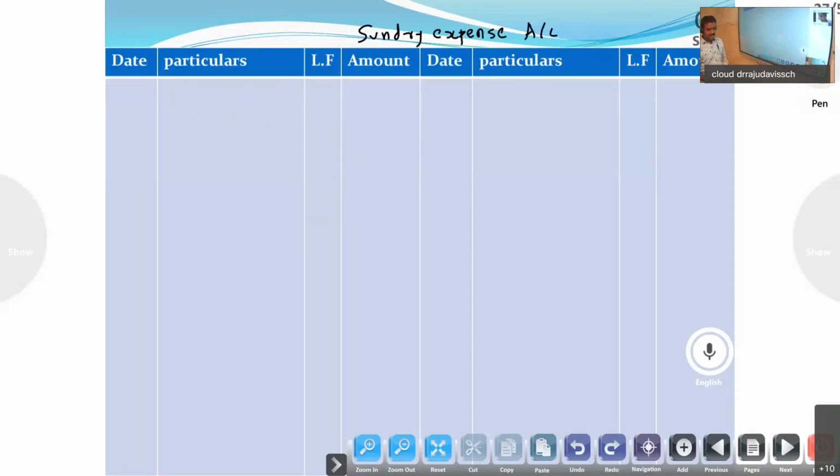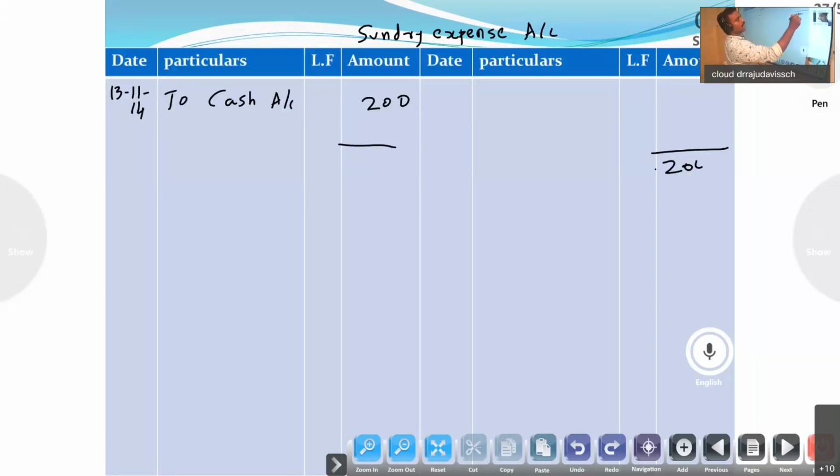Okay. So sundry expenses, 13th date, 13, 11, 14, debit only sundry expense to cash account 200. Any other sundry expense? No. 200.